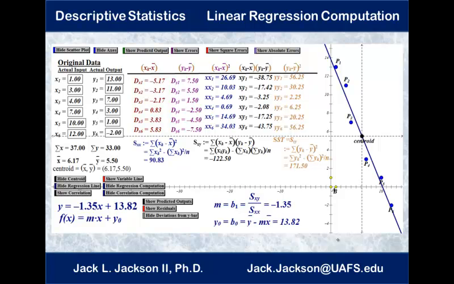But the problem with that is, if we're going to compare it to a different data set, the data sets could have different numbers of points. If they had the same number of points, we could compare SSE from one to the next. But if they don't have the same number of data points, we need to somehow take into account the number of data points, so that we have a way of comparing the fit of the regression line from one data set to another.